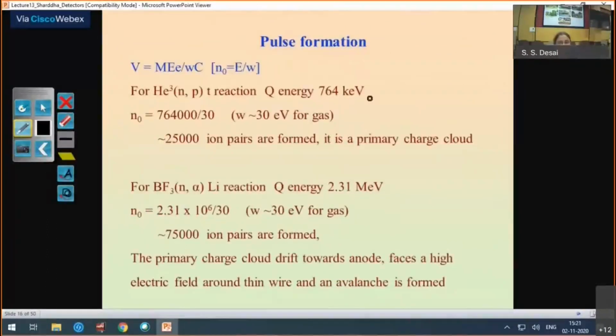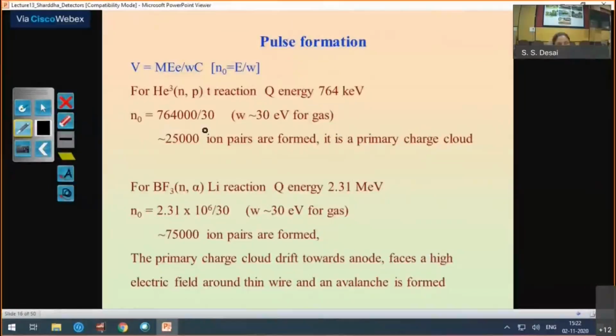Okay, so now let us take one helium-3 (n,p) reaction, though I have not come to the neutron absorption reaction yet, just to make it convenient, like how your voltage output is proportional to your initial ionization created in the gas. Helium-3 has a high neutron absorption cross section. So in the (n,p,t) reaction, after absorbing a neutron, it will give a proton and a triton plus the Q energy of 764 keV.